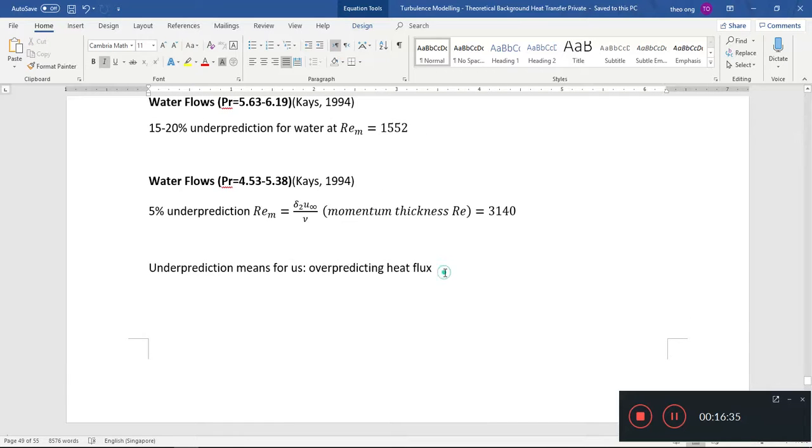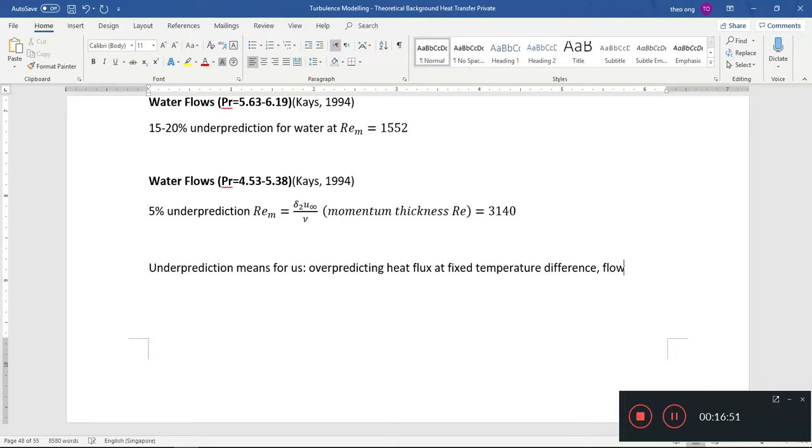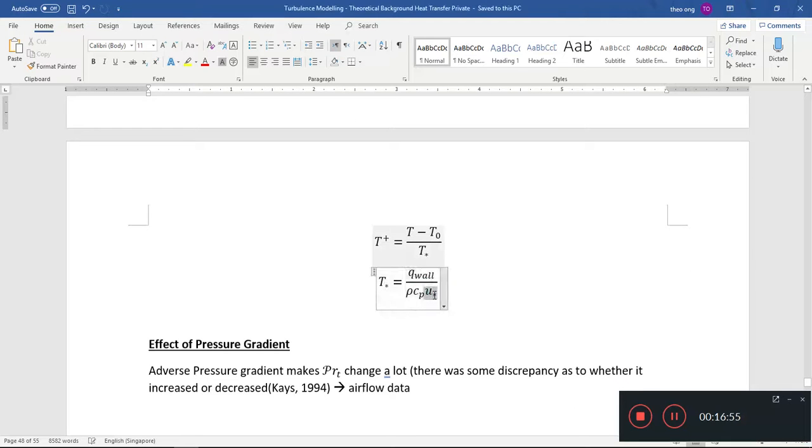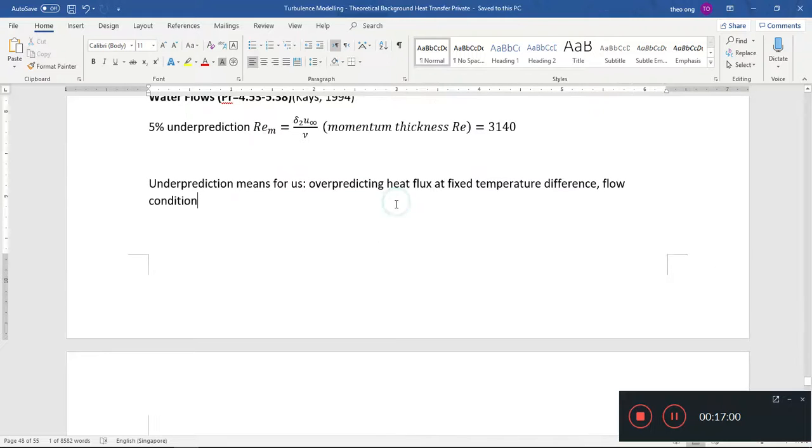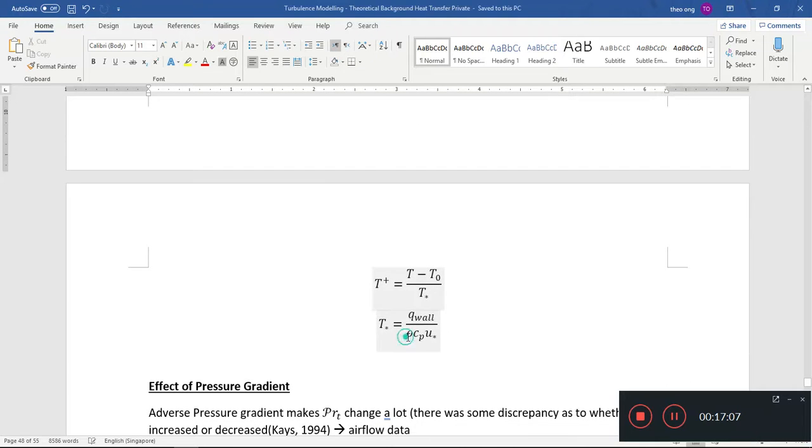So under prediction for us means over predicting heat flux at a fixed temperature difference and the same flow condition. The skin friction velocity here represents the flow condition, and it's the same fluid, because we are talking about the same density and same Cp.